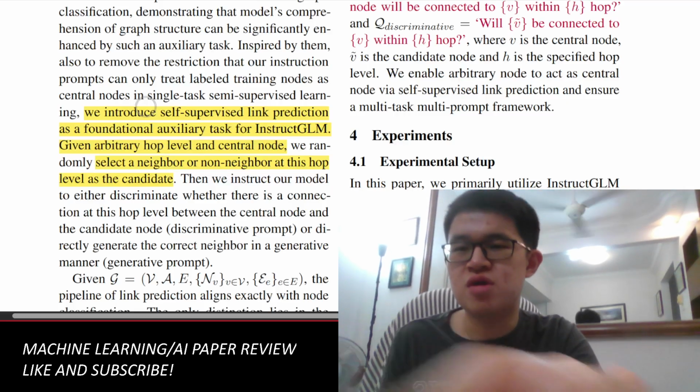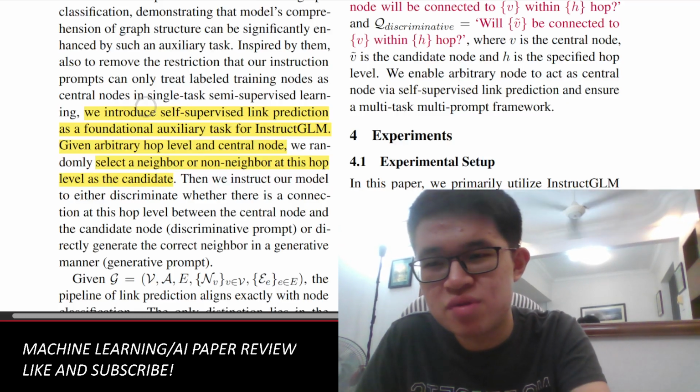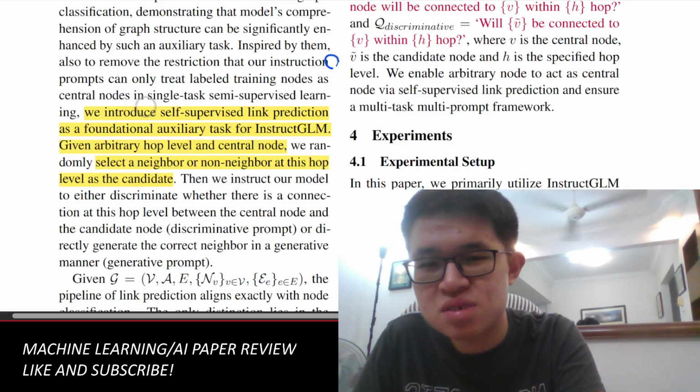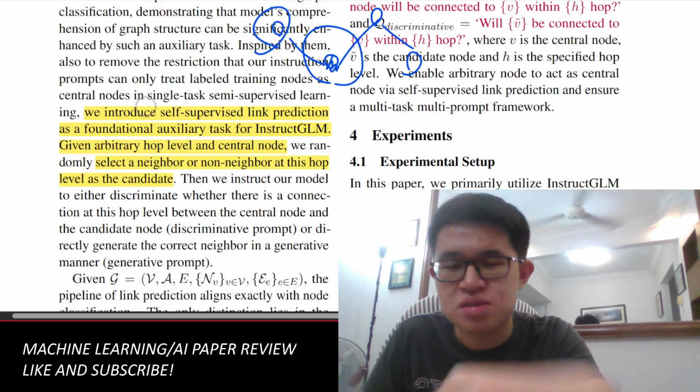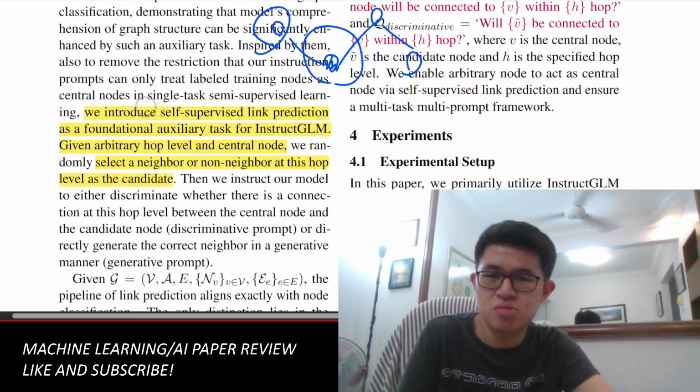If we draw it, it would be something like this. If you have a central node right here, let's say this is your central node, and you randomly select some other nodes.